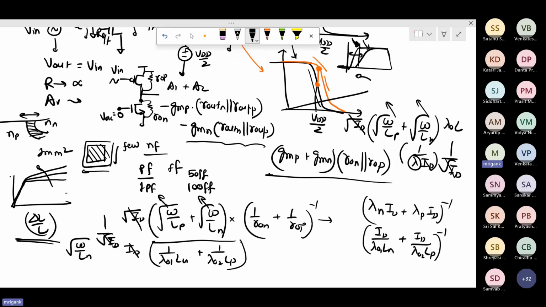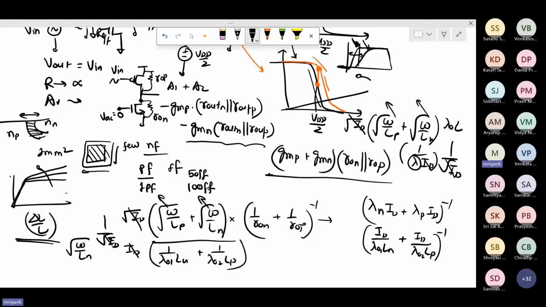If you have a general amplifier structure like a differential amplifier, there you anyway have a bias current, which is independent. In this case, bias current is dependent upon W by L. So if you are increasing the L, in any way the bias current is going down and RO is going up. And effectively, if you look at the individual gains, from each side, for the PMOS side, for example, gmP times RO.